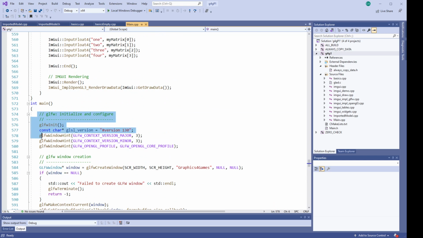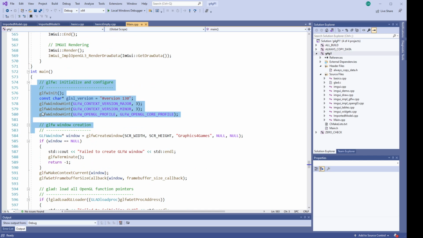In main, we set up our window hints and things for GLFW, so this is our basic setup. Some people were asking: right now it requires basically OpenGL 3.3. I'm not using any vertex or geometry shaders or a tessellation shader, anything really crazy, so 3.3 is fine.